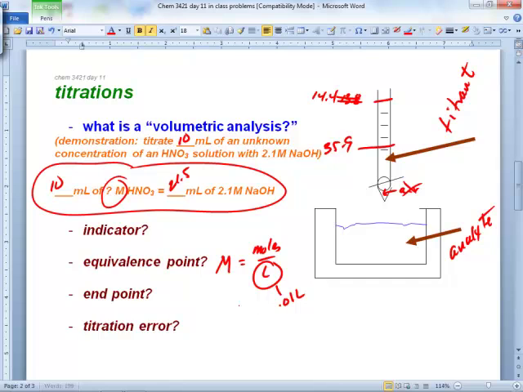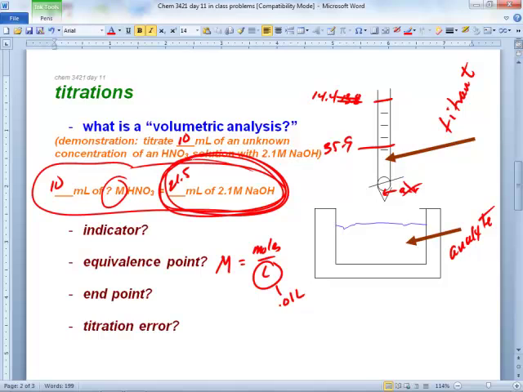So let's do that. All we're going to do is, can you see this right here? If you look at this, do you see moles of NaOH? You know the volume of it? You know its concentration? This is really moles of NaOH. And then you use the, what do we call it? The what bridge to convert it into moles of HNO3? The mole bridge, right? You need a reaction, right?